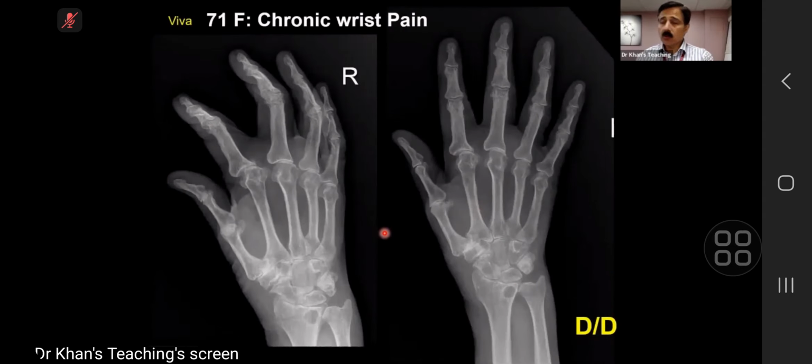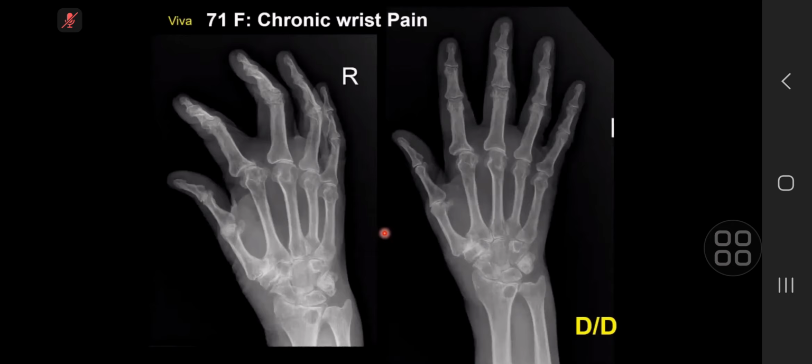Candidate 4, your case. I've got frontal and oblique radiographs of the hand in a 71-year-old female, in which I can see that there is arthropathy affecting the metacarpophalangeal joints predominantly, and also the carpal bones.